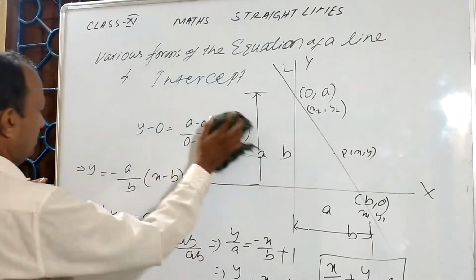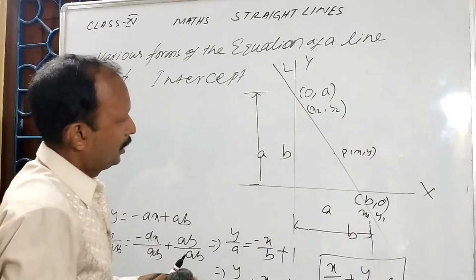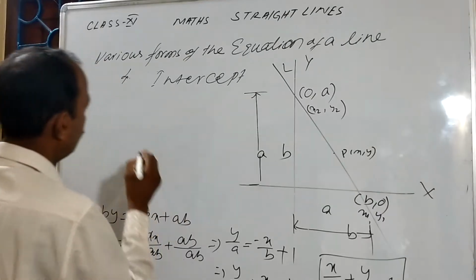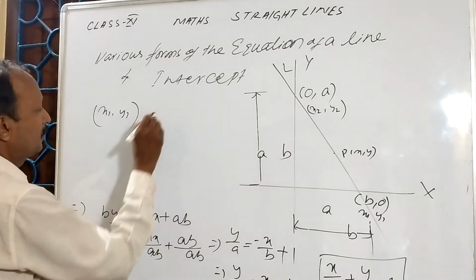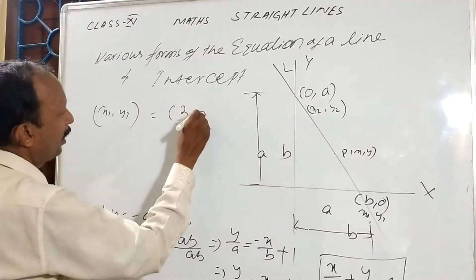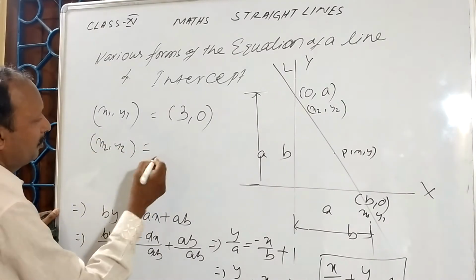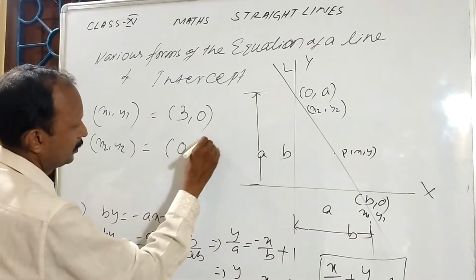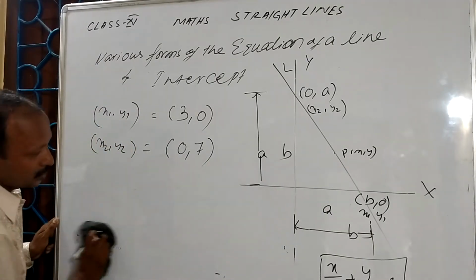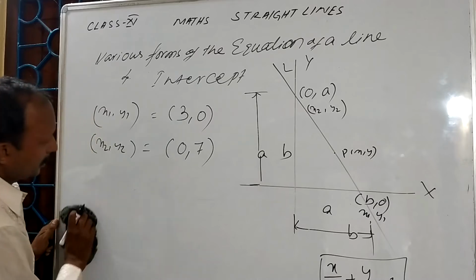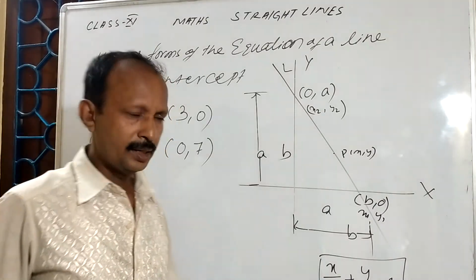Let us see one example. x1, y1 is given (3, 0) and x2, y2 is given (0, 7). Then what will be the equation of the line? So the equation of the line is x by a plus y by b.